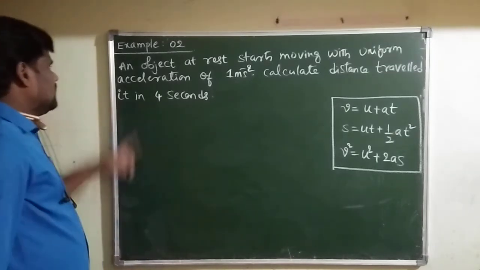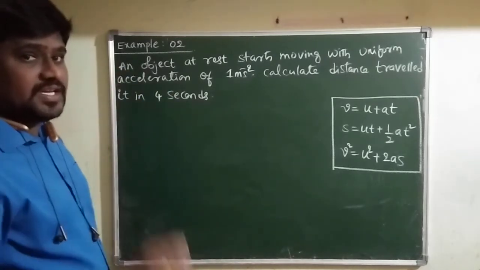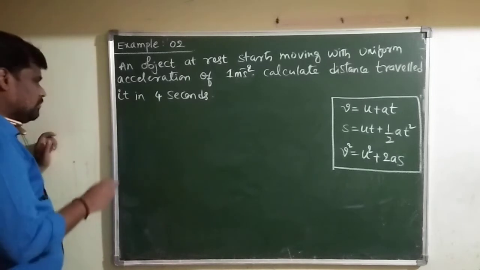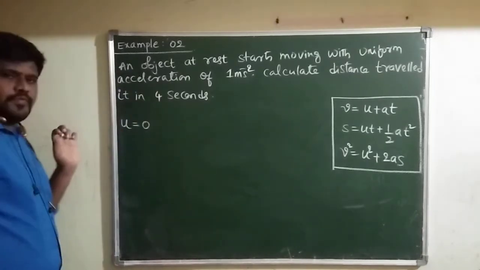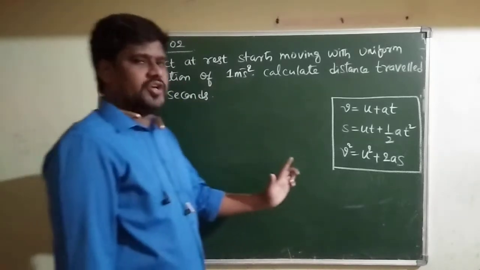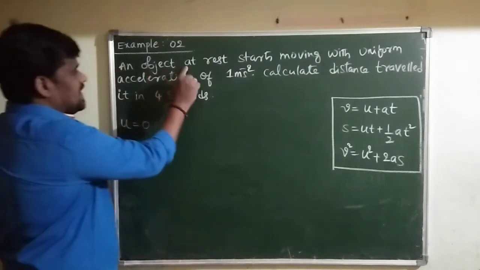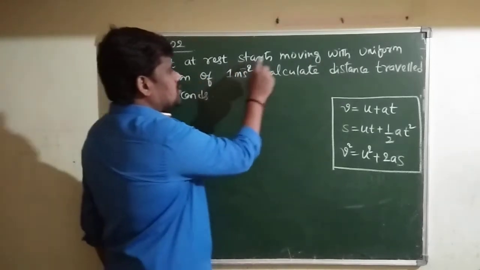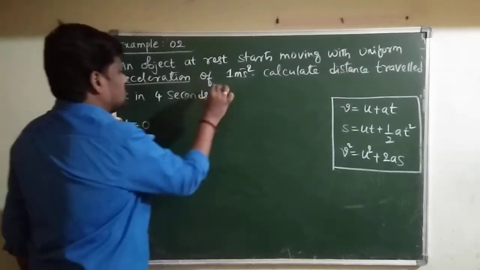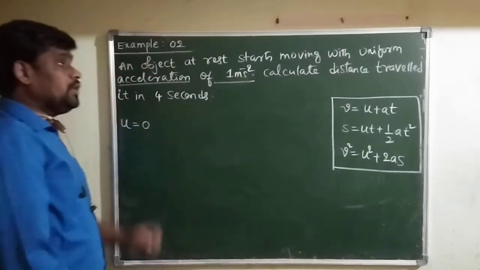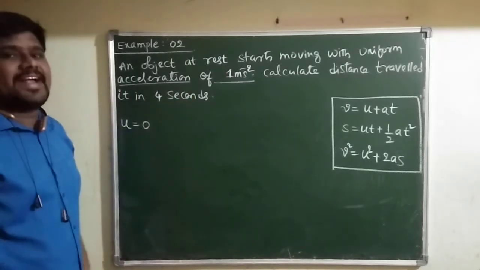Look at the problem. An object at rest means that initially the object is in the state of rest, which means its initial velocity is 0. An object at rest starts moving with uniform acceleration of 1 meter per second square.